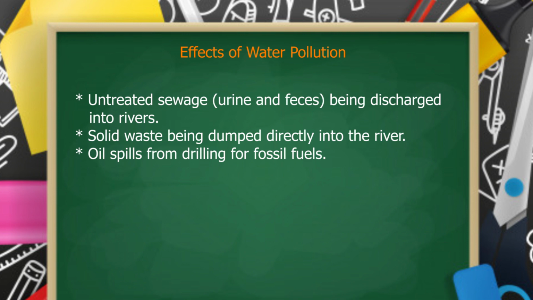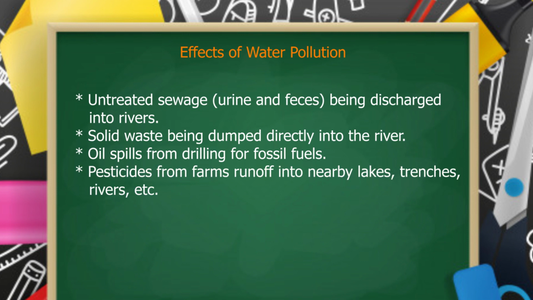Then we have pesticides from farmers. You see the farmers with a spray can on their back, spraying and spraying. They have pesticide, they have weedicide, and we have lakes and rivers nearby. When the rain falls, what do you think is going to happen?